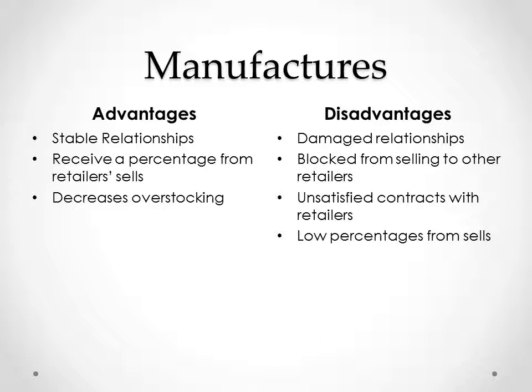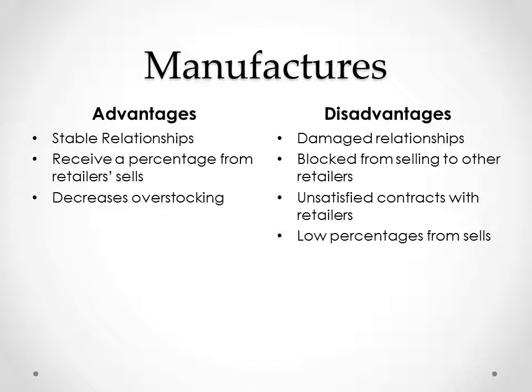It's a win-win situation, and they're decreasing overstocking. The manufacturer doesn't have to worry about constantly overstocking, and the cost for holding all of their movie products goes down, because they're getting them out a lot quicker.